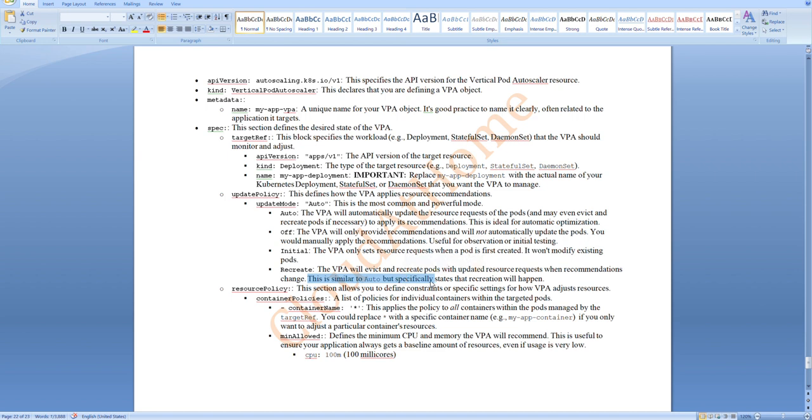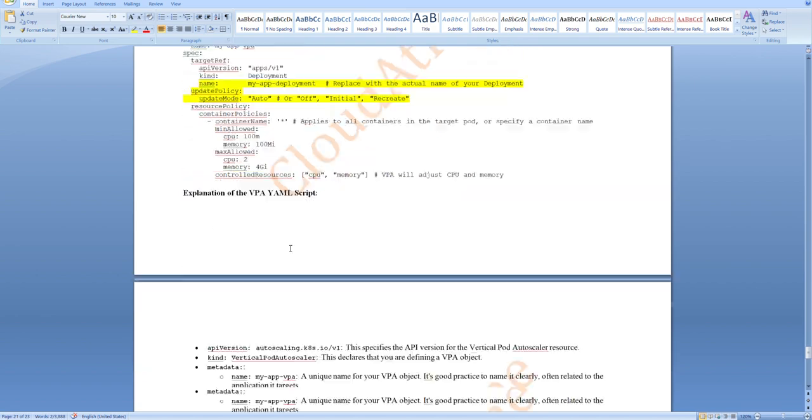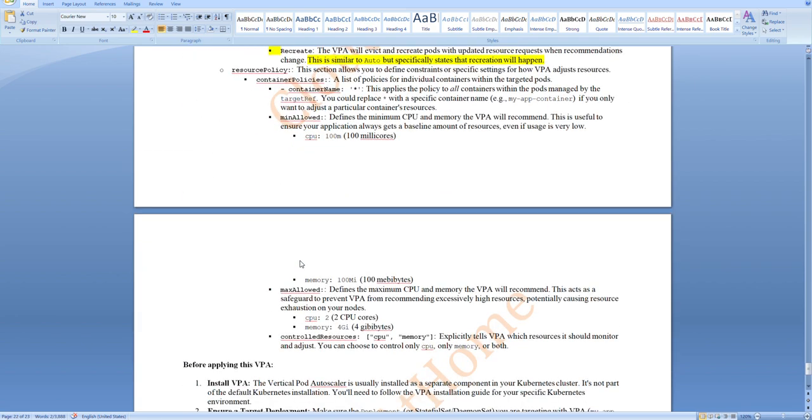This is similar to Auto, but specifically states that recreation will happen. Okay, so this you can use in the update policy. I hope you have understood vertical pod autoscaler as well, how to use it and when to use it.